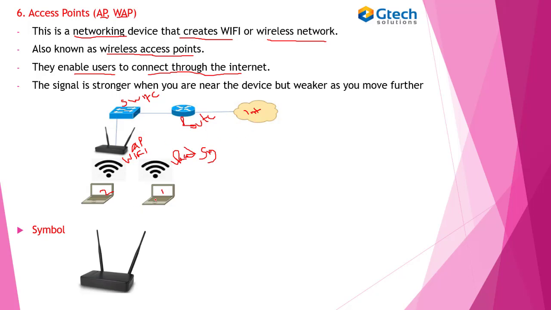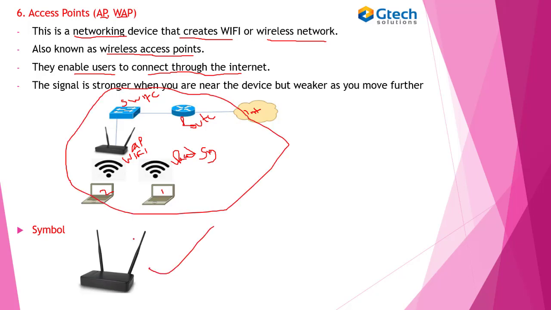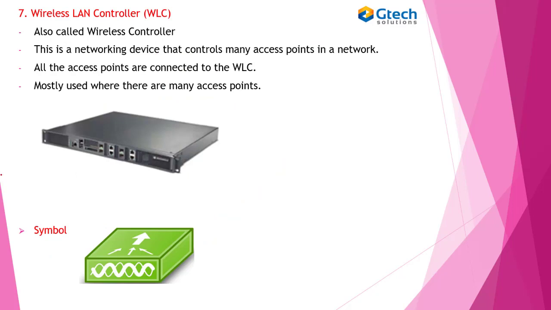So device 1 will connect through this Wi-Fi, its SSID or network name, and you include the password in order to connect to browse or to get online. This is how an access point is drawn, the symbol. Understood? Good.